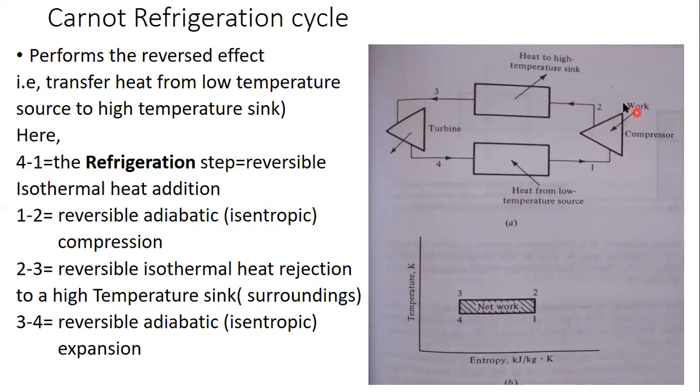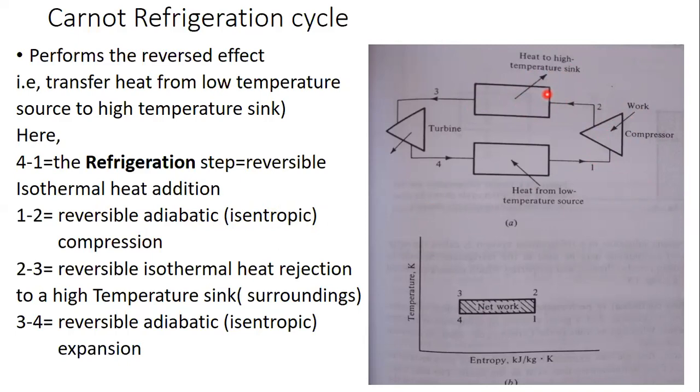Then after getting sufficient energy from the compressor work, our working fluid has sufficient energy so that it can reject the heat to the surroundings, or to the surrounding atmospheric air which is present in the kitchen.